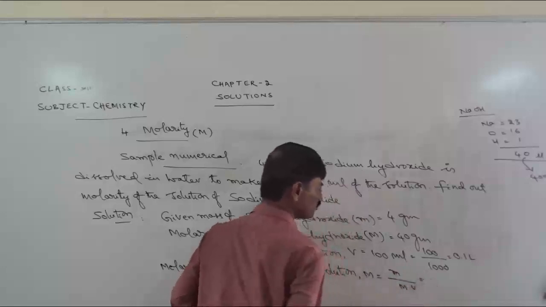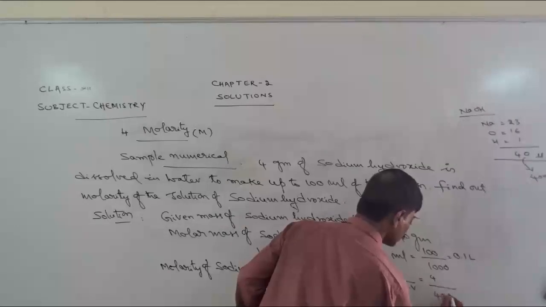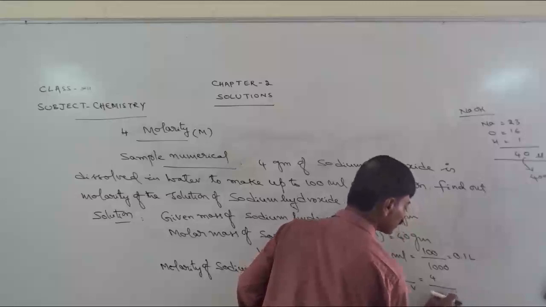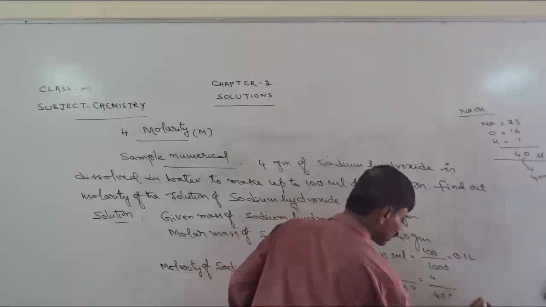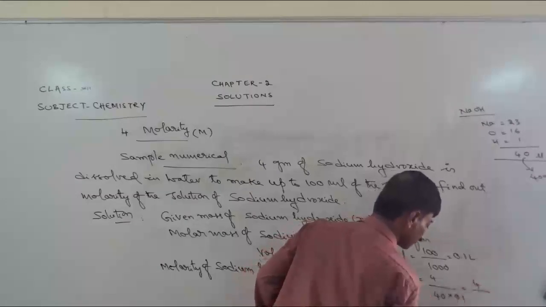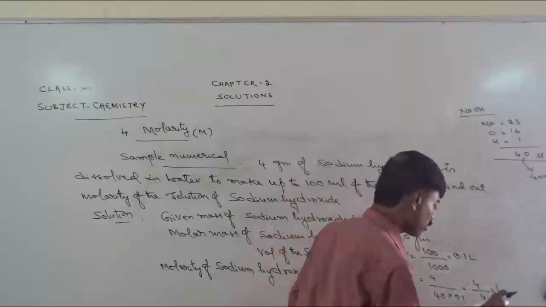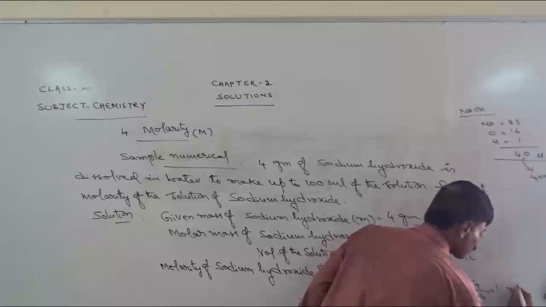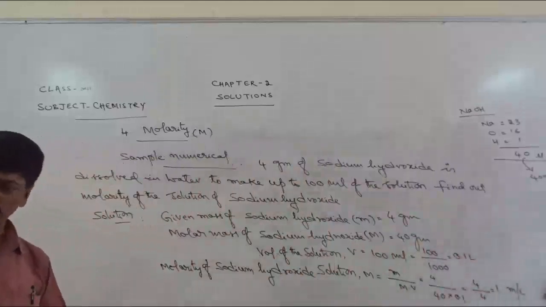So small m is 4, capital M is 40, into 0.1. 0.1 is obtained by substituting this value, that is 100 divided by 1000. So directly you can write 0.1. This is equal to 4 by 4, which is 1 mole per liter. That's how you need to calculate.